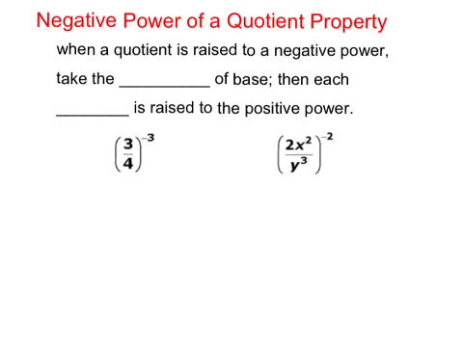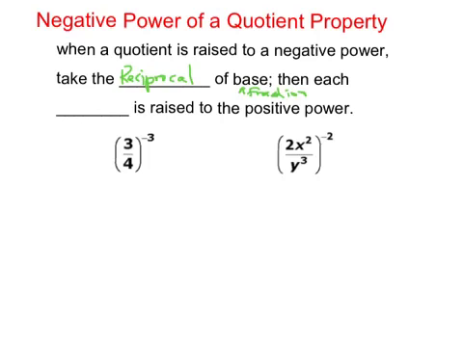Okay, so the last property that we have is the negative power of a quotient property, which works very similar to the positive power of a quotient, but is just a little bit different, working with this negative exponent. What we really need to do is, when a quotient is raised to a negative power, first take the reciprocal of the base, which is going to be that fraction.